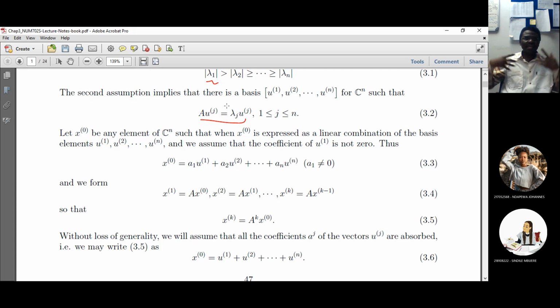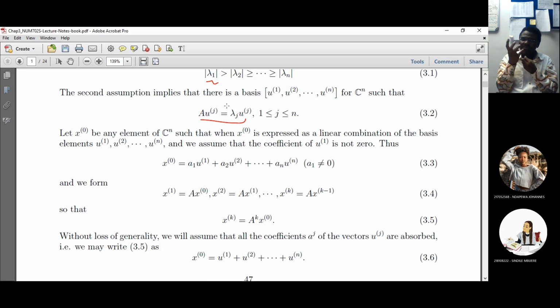So the eigenvalue tells you what happens by applying A in a certain direction, which we call the principal axis. Because A is a matrix, it represents a linear operator, so when you apply it, it might magnify or shrink the vector in that particular direction. That is the geometric interpretation of the eigenvalue.